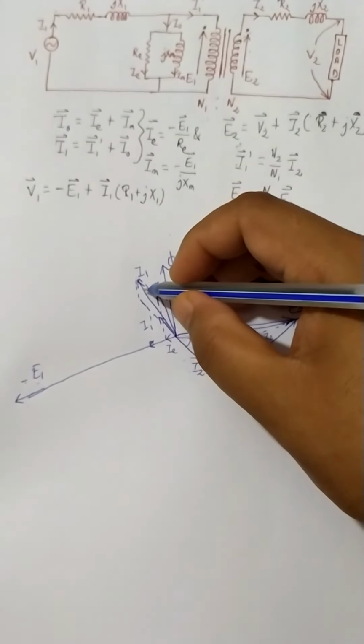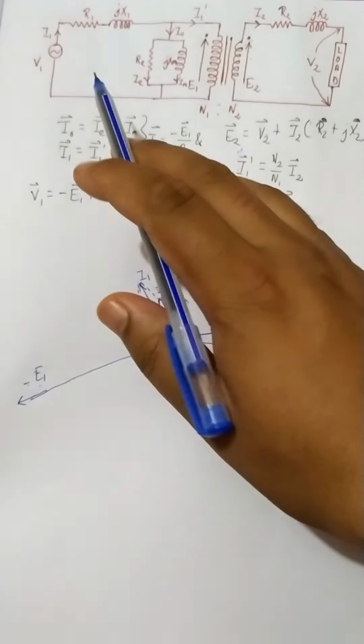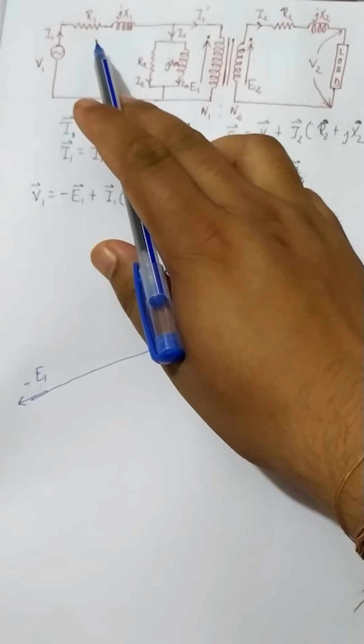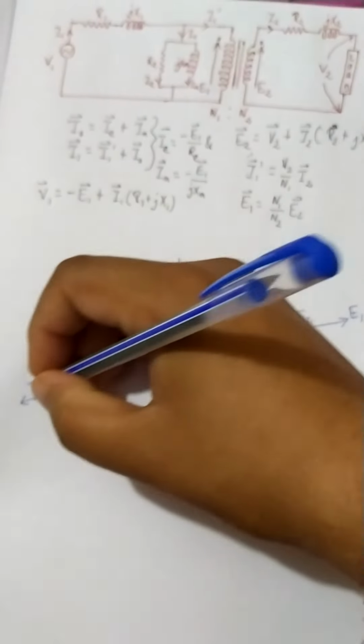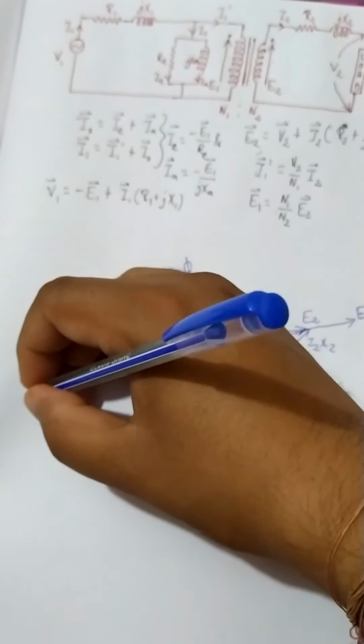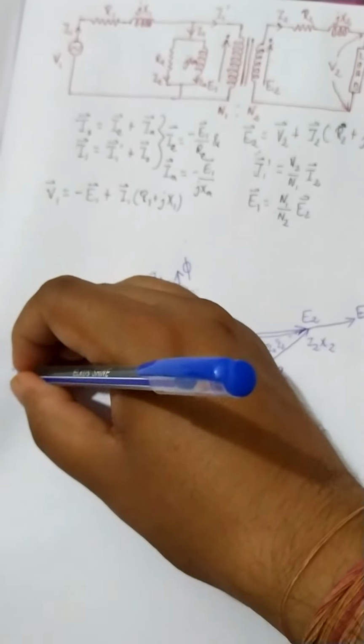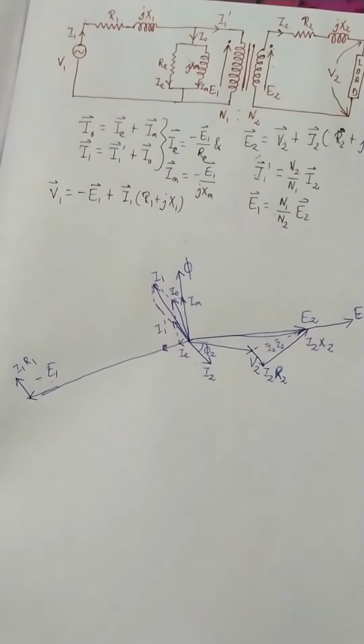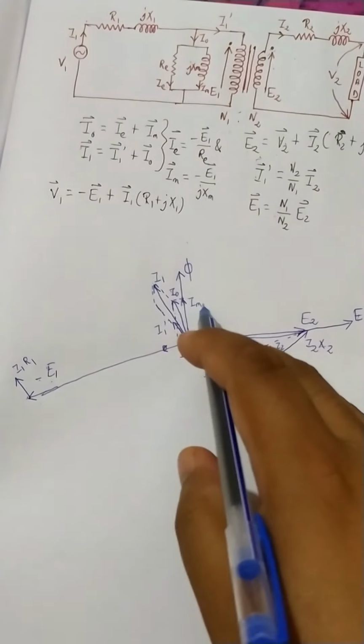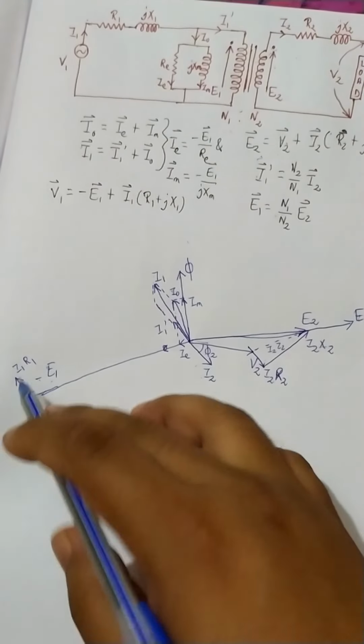Now there is a voltage drop I1 R1 that should be in phase with I1. So here I am drawing this I1 R1. They are in phase, they are in parallel.